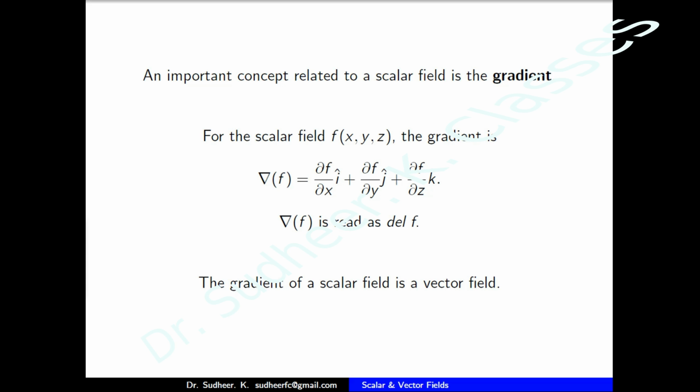From the definition itself, it is clear that the gradient of a scalar field is a vector field. Here, the coefficients of i, j and k will be functions of x, y and z.